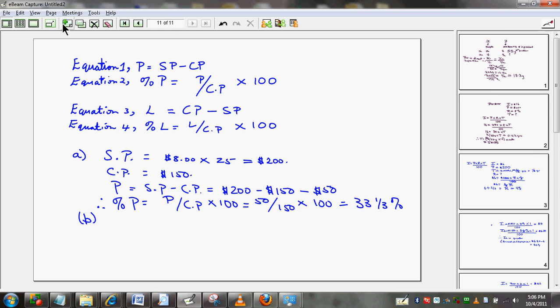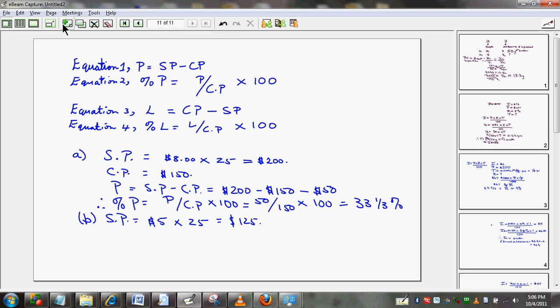In part B, they say if he sells them at $5 each, what was his percentage loss? So we get his selling price by saying each one costs $5 multiplied by 25 cricket balls, and that gives us a total of $125 as his selling price.